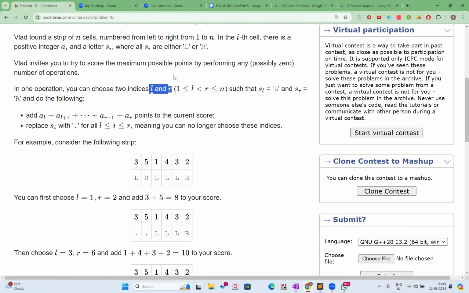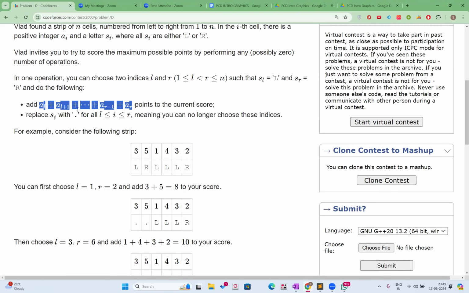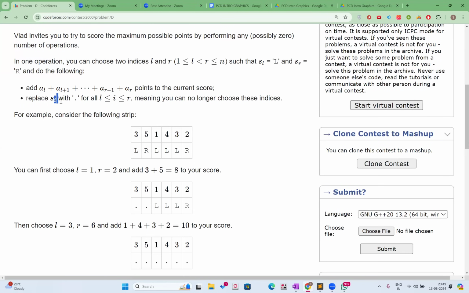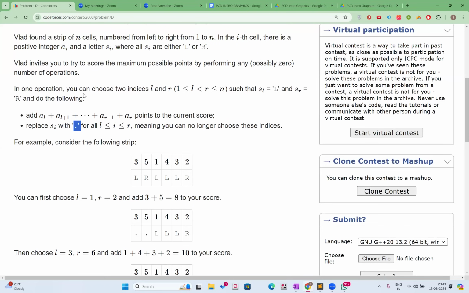So we start with a score of 0 and we can choose any index L to R and add the range sum from L to R to our current score. And then replace SI with a dot. So we cannot choose this L and R again, because SI is replaced with a dot, and we cannot choose it again.